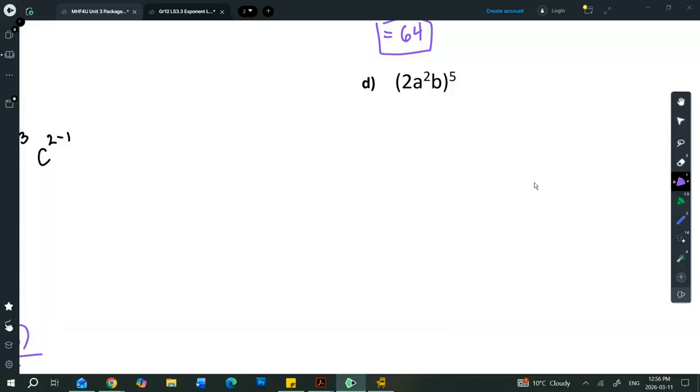So right now the 2 has an exponent of 1 and the B has an exponent of 1. And we're going to use power rule for all of them. So it'll be 2 to the exponent 1 times 5, A to the exponent 2 times 5, and B to the exponent 1 times 5.